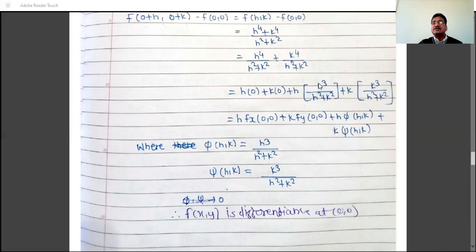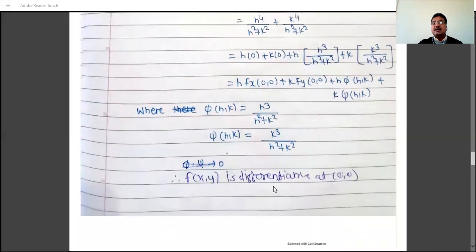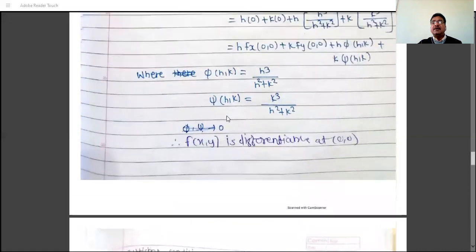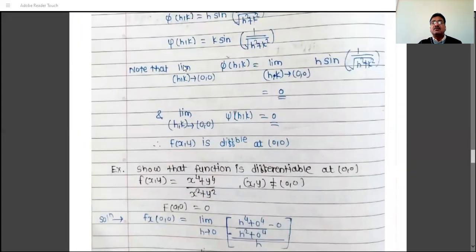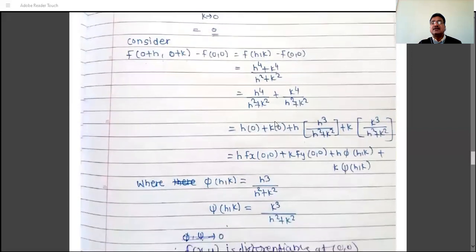What is phi(h,k) and psi(h,k)? This is phi(h,k), this is psi(h,k), and then find the limit as (h,k) tends to (0,0). Limit of phi(h,k) as (h,k) tends to (0,0) is the limit of h cube divided by h square plus k square.